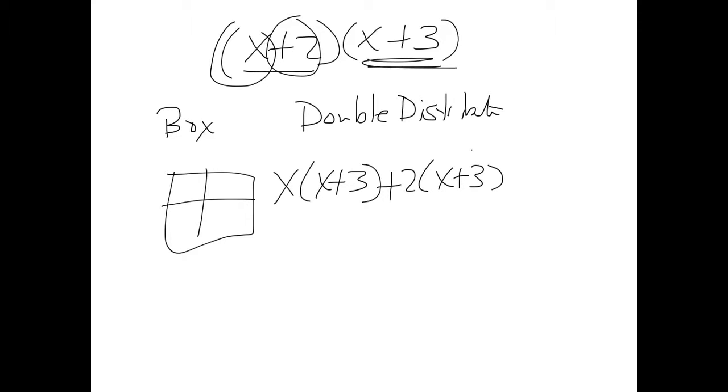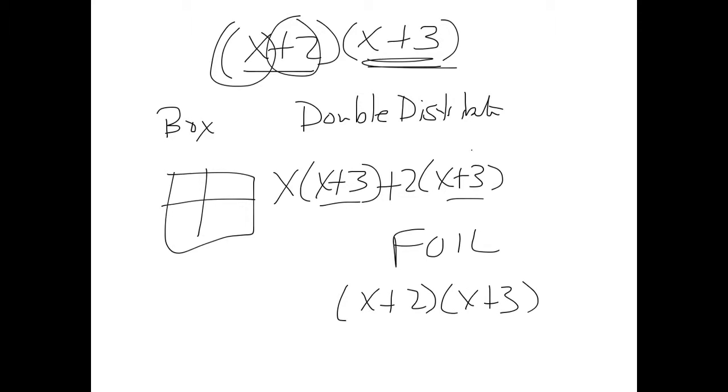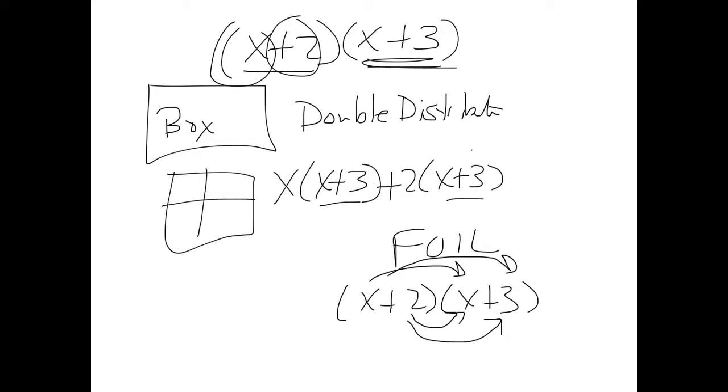So you wrote the second one twice and you broke apart the first one. In some classes they did FOIL, a series of arrows, like the double rainbow we did in class, but with two double rainbows across the top and a double rainbow across the bottom. For our video today, we're going to concentrate on the box method, but if you understand and do the other methods, they all work and they all do the same thing.